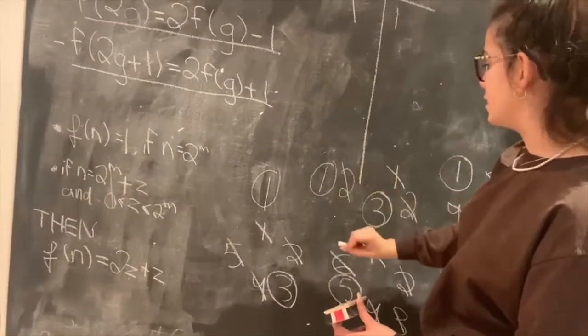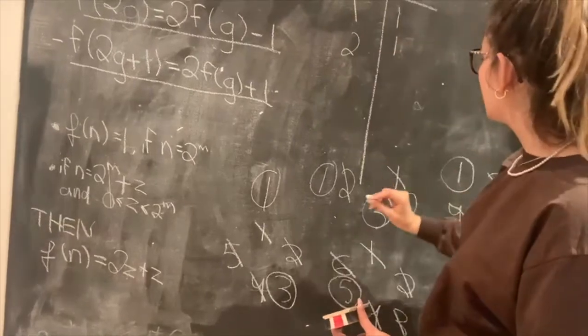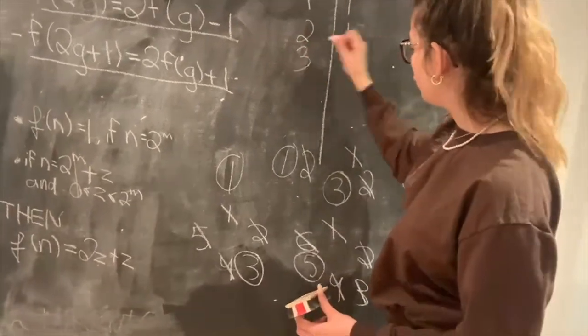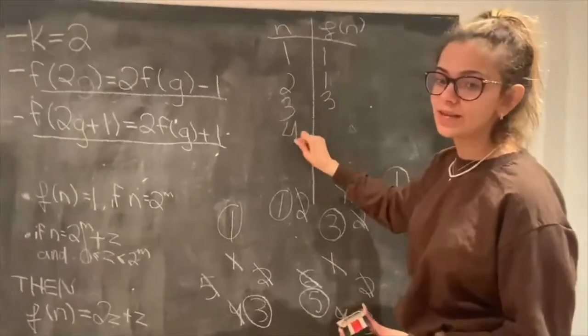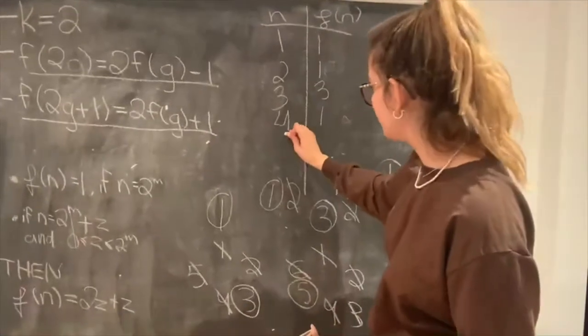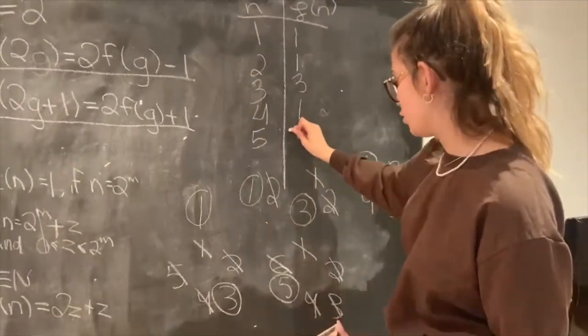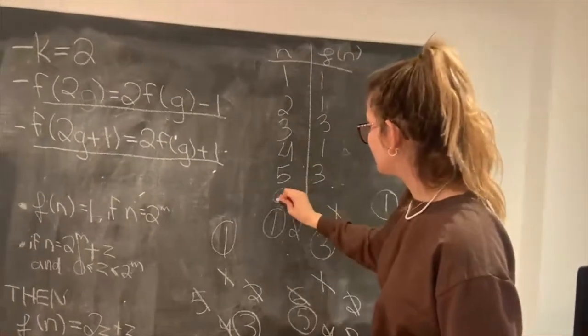Then in the second example, when there's 2 people, we see 1 wins. In the third example, where there's 3 people, we see the third wins. In the fourth example, where there is 4 people, we see the first wins. In the fifth example, we see that the third wins. In the sixth example, we see that the fifth wins.